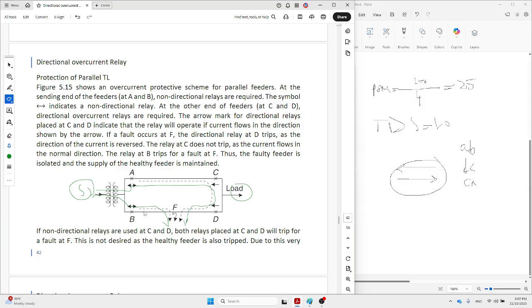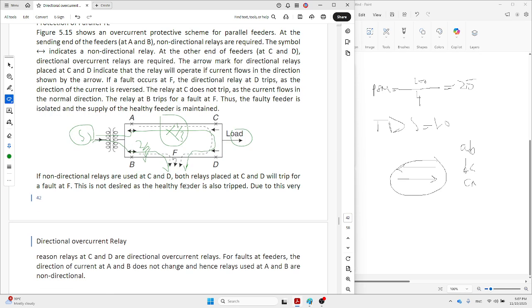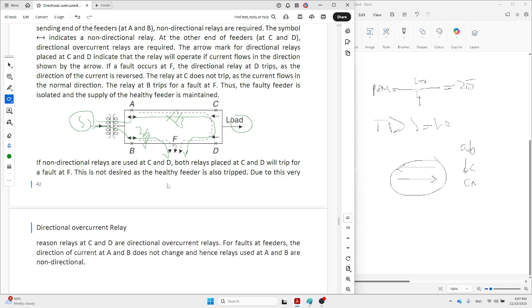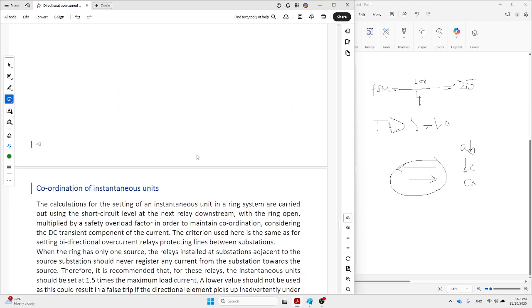Of course, the rate of IF here is much bigger than this one. Assume here carries 2/3 and this one carries 1/3 of the fault current, but this one also must be considered for the relay. Because of that, you can think about the relay with direction. So this is bidirectional, and this is only a one-way directional overcurrent relay.